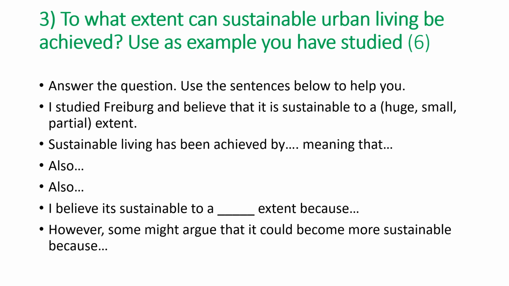Okay, now I want you to have a go at the question. So this is your 3rd question of today and your last one. Answer the question, use the sentences below to help you if you need. Now remember, I think we're arguing that Freiburg is sustainable to a large extent.